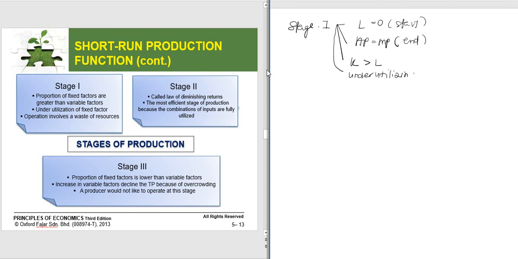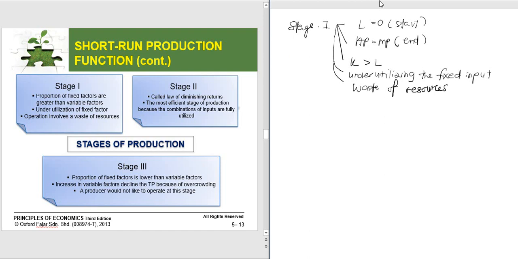Meaning the labor is not enough to utilize all the available fixed input or capital in the production. So this is an example of waste of resources lah. Waste of resources. So producers will not choose to produce at this stage. Meaning they will not choose this number of labor.